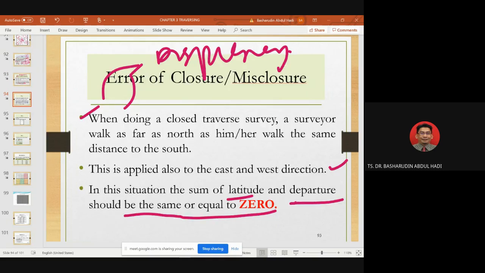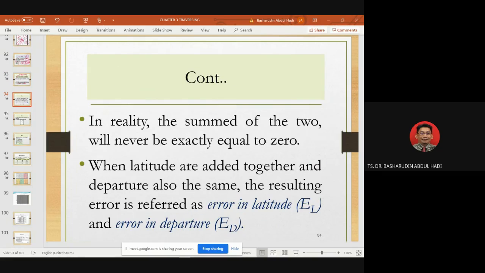So we go to slide 94. In reality, the sum of the two will never be exactly equal to 0. When latitudes are added together, and departures also, the resulting error is referred to as error in latitudes and error in departure. E is the symbol.